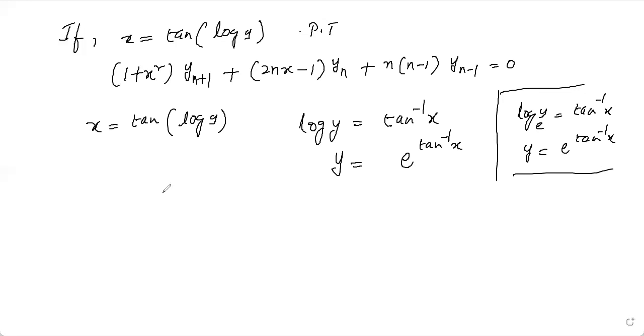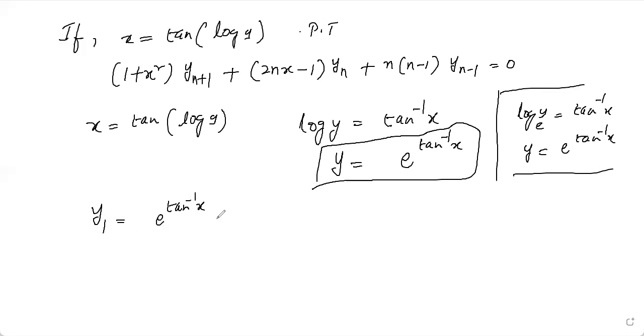Now let us find y1. y1 will be e to the power of tan inverse x into the differentiation of tan inverse x, which is 1 by 1 plus x square, or we can write this as y by 1 plus x square, because y is e to the power of tan inverse x.